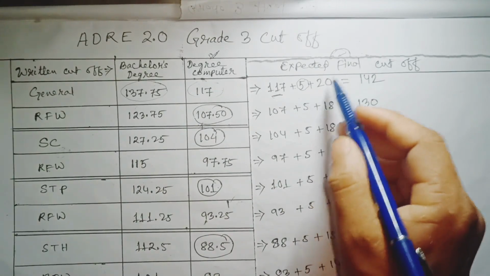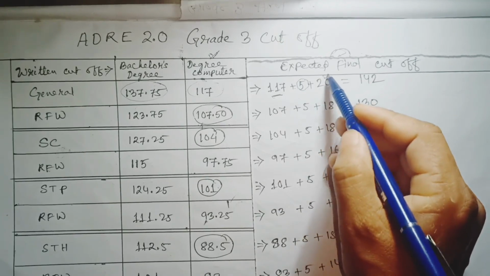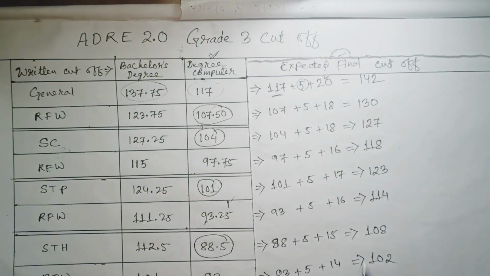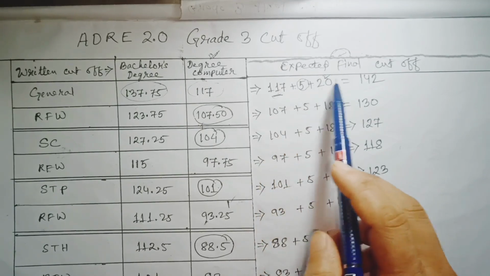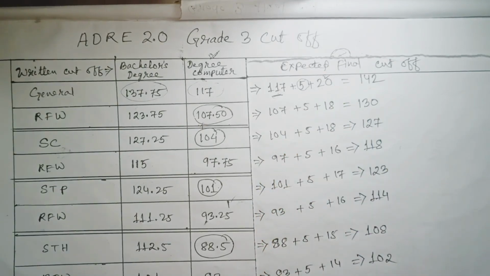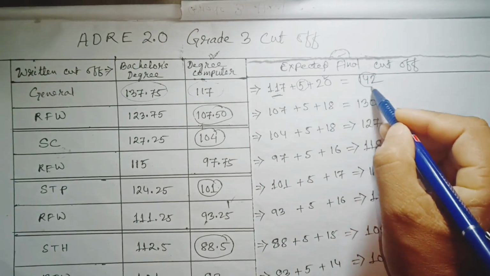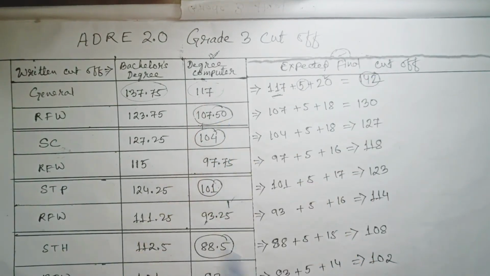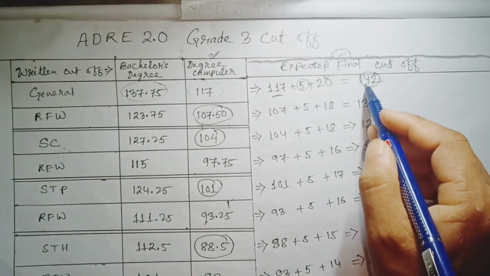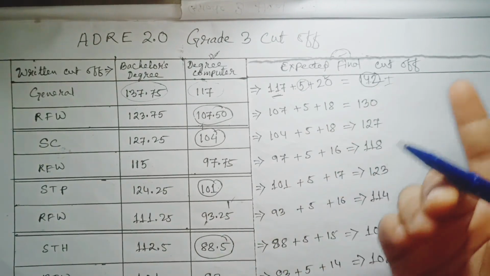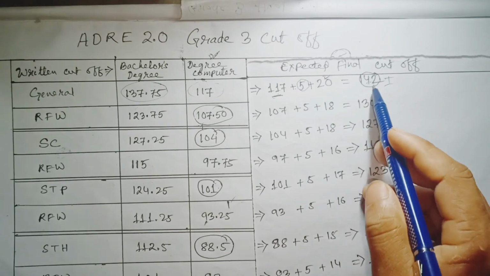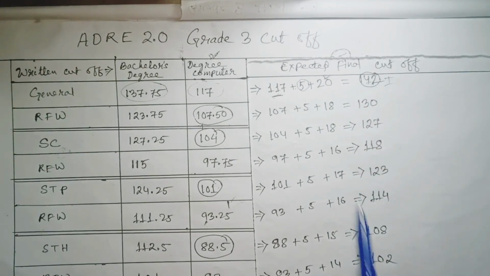Let's say that out of 25, if any candidate scored 20, that means he has a high chance of qualifying. If you add 117 plus 5 plus 20, you will get 142. So the final cutoff for degree with computer for general will be between 140 and 145, plus or minus 2 marks.